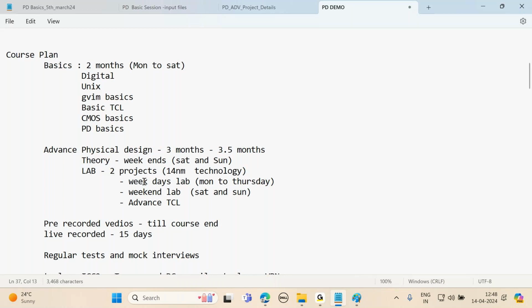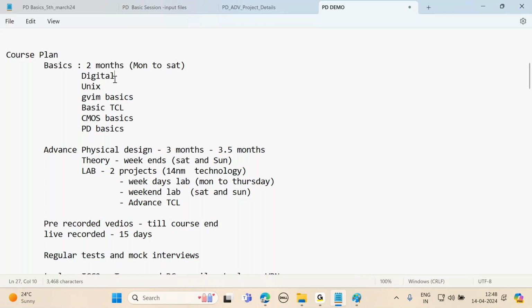Sir, do the basics and the advanced physical design go parallelly or simultaneously? No. First 2 months basics, next 3 months advanced course. After completing basics only, you can understand the advanced concepts. I told you digital is not much important for physical design, but digital is important when you go for an interview.